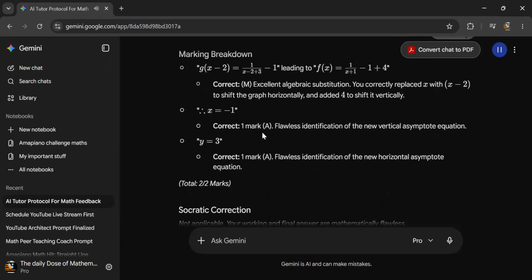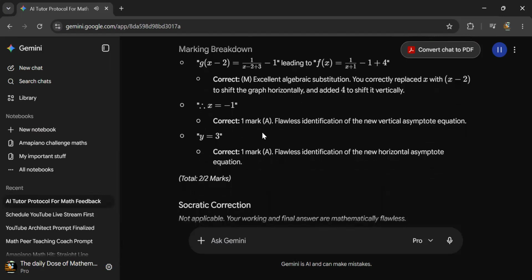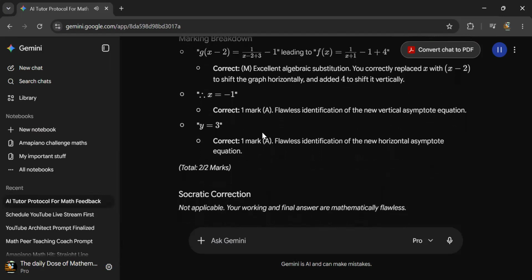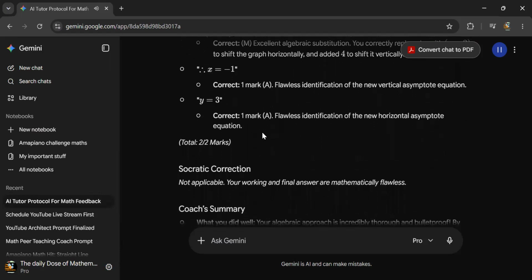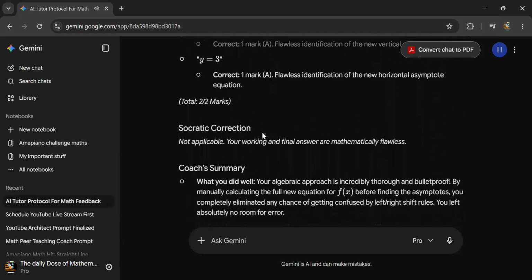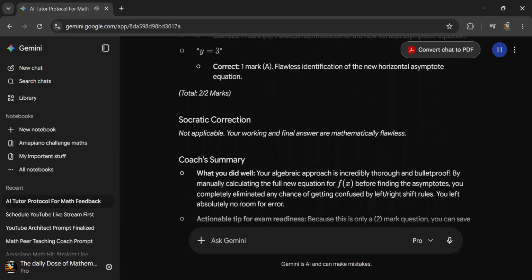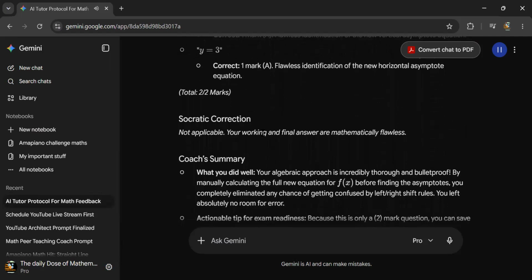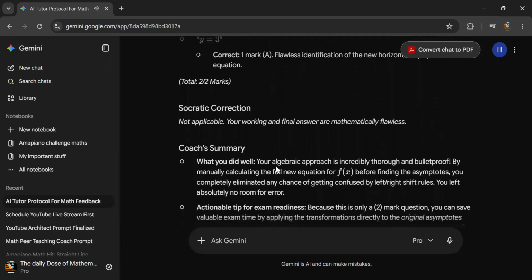Therefore x equals -1. Correct. 1 mark, A. Flawless identification of the new vertical asymptote equation. Y equals 3. Correct. 1 mark, A. Flawless identification of the new horizontal asymptote equation. Total, 2 out of 2 marks. Socratic correction: not applicable. Your working and final answer are mathematically flawless.